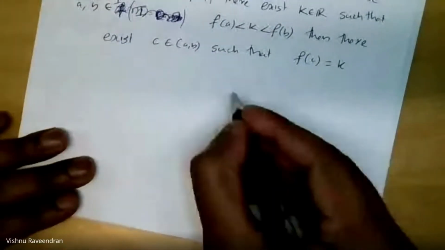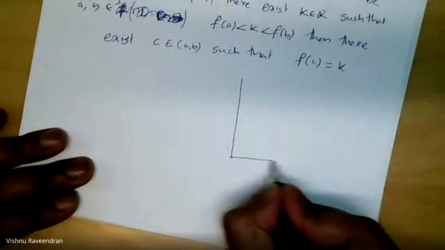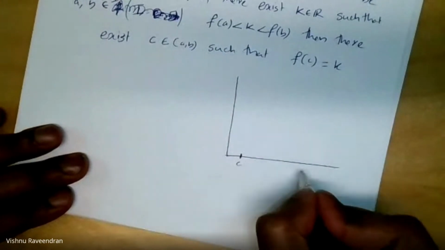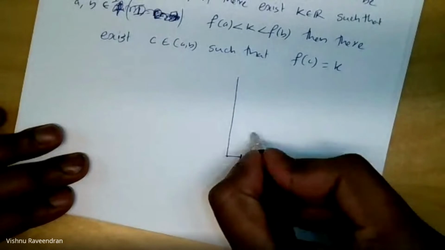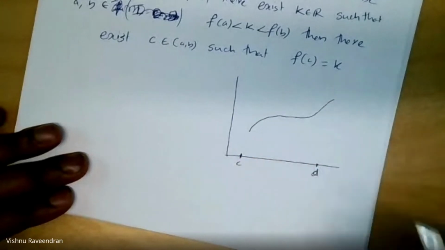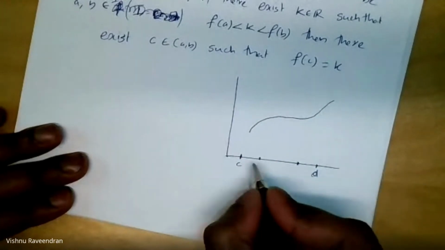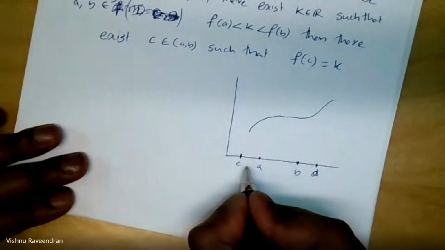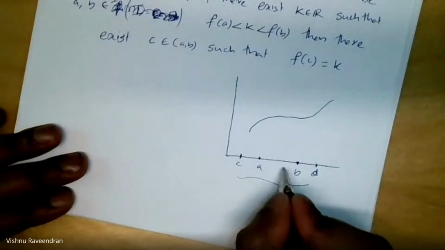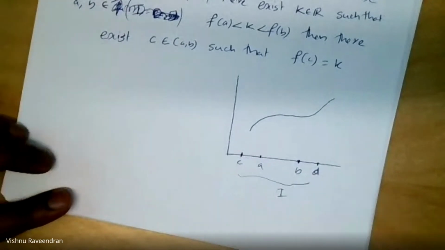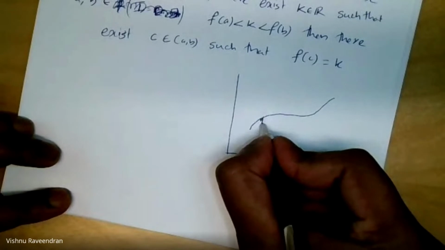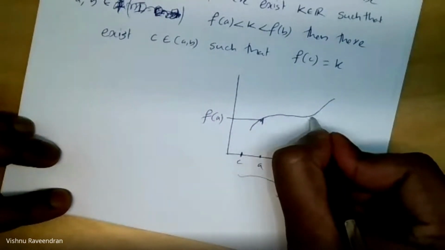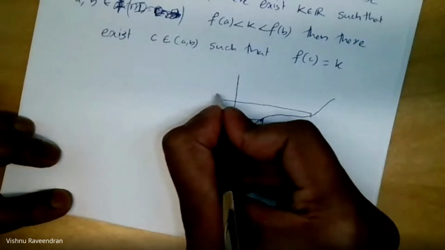So I'll just picture this. For example, your I starts from c to d, and a and b are some points in I. So this is your I, and a and b are some points in I. Okay. So this is your f of a, and for example, this is your f of b.